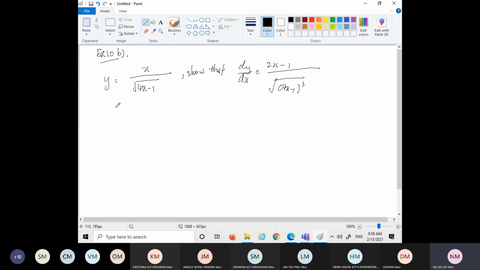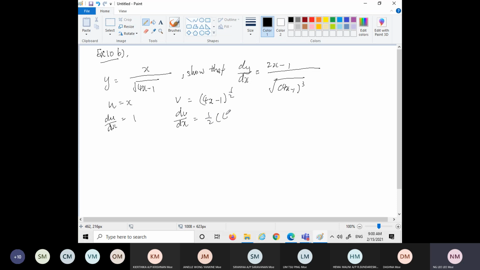Same thing, we'll start with u and v. So u is x. du dx, differentiate this, you get 1. v is 4x minus 1, power half. The square root, I write it as power half. Then dv dx, differentiate this.